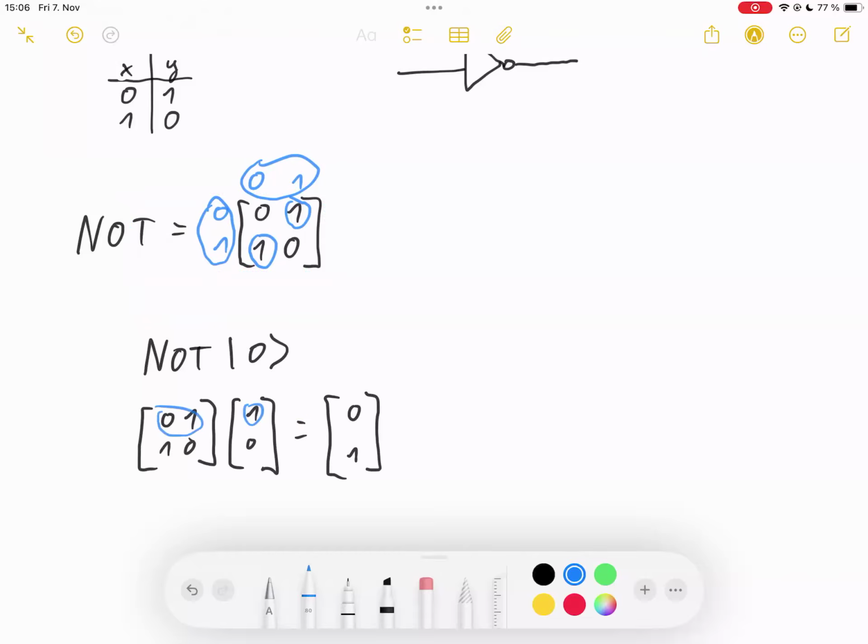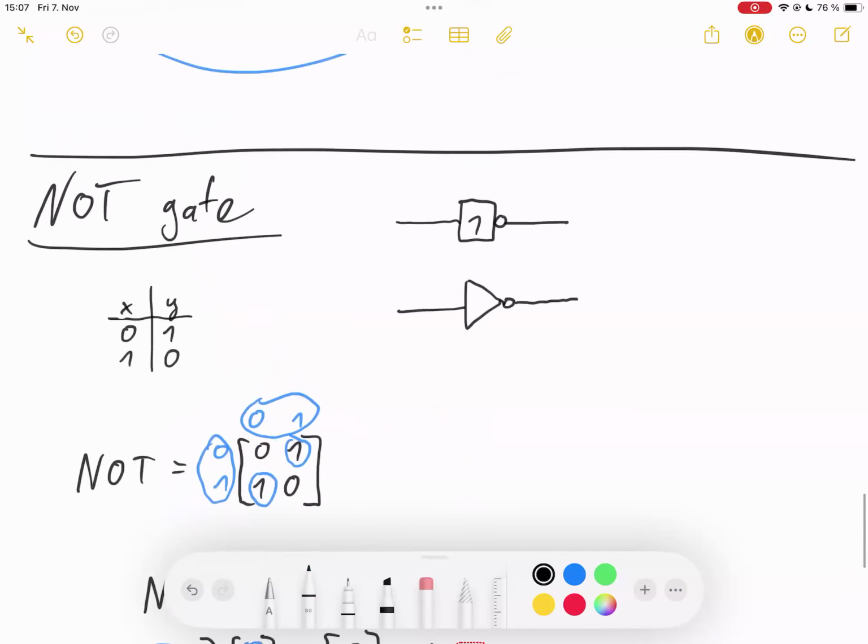All of this would lead to 0. And eventually for the second row, I would have a match here. So this will lead to 0, 1, which is a 1 ket, as you remember. So we could try it just the other way around, that I have a 1 ket and I multiply it with NOT from the right, and you would see it leads to a 0 ket. But this is something you can test at home.